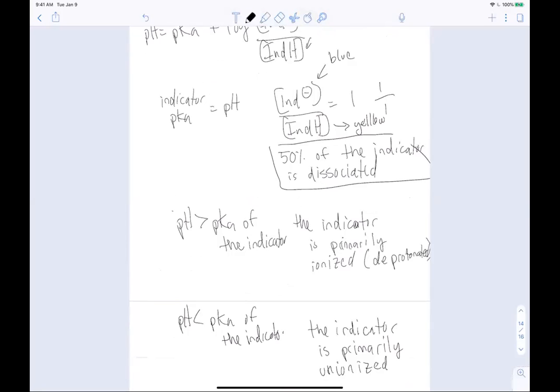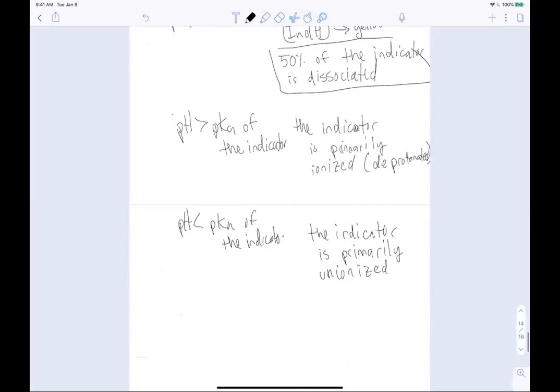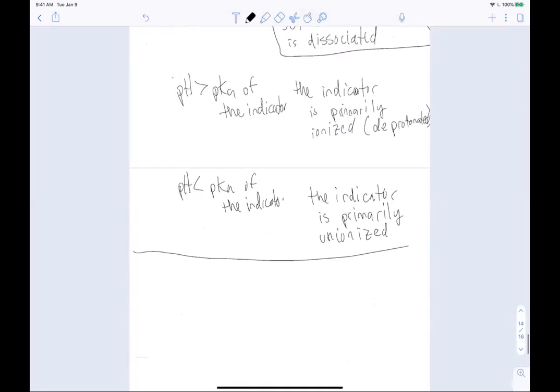So for indicators, there's probably a whole lecture that needs to accompany them, but the idea of an indicator is that it's a color-changing dye that changes color around the pH that you're interested in. So if you're interested in measuring a pH around, let's say 5, you want to choose an indicator dye that has a pKa around that pH.